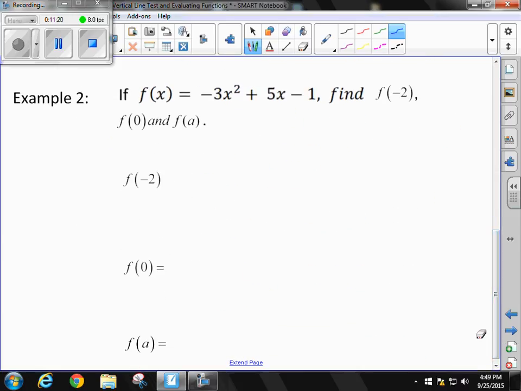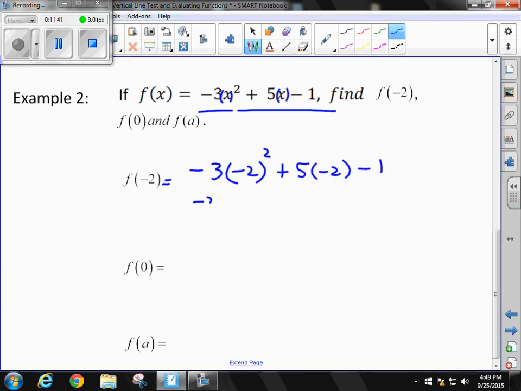F of x is equal to negative 3x squared plus 5x minus 1. So we'll wrap our variable in parentheses first and then copy it down. Negative 3, we're putting in negative 2 where the x is, plus 5 times negative 2 minus 1.